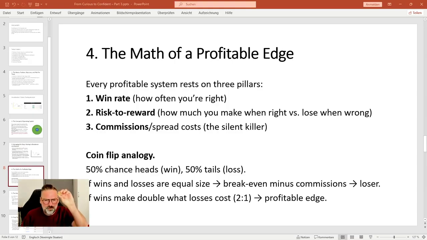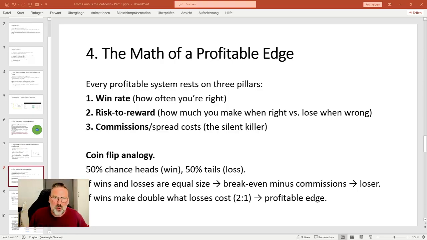Now let's look at a coin. Let's say your edge would equal a coin toss. So a coin can either have heads or tails, right? And if you throw it often enough, you would either get heads or tails. So, let's say you bet on heads. When heads comes, you get 10 bucks.